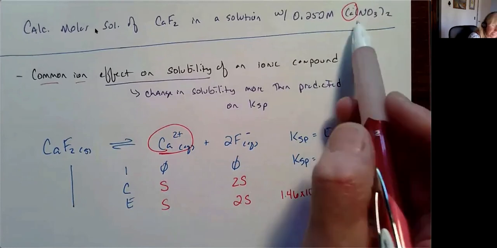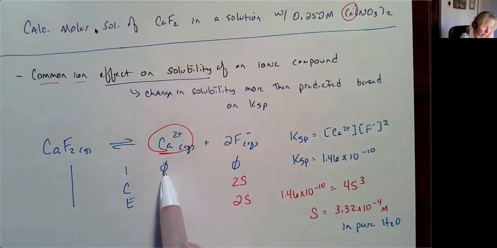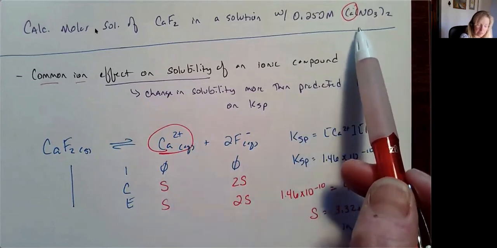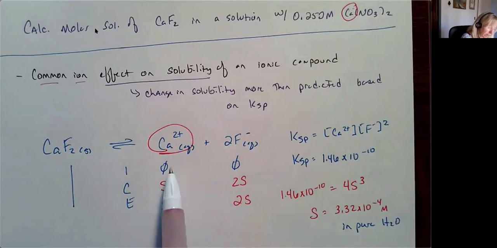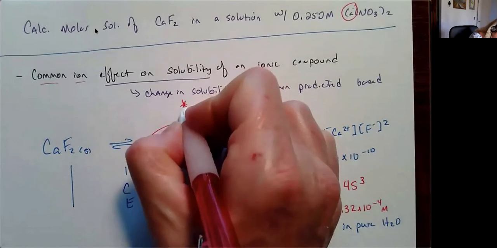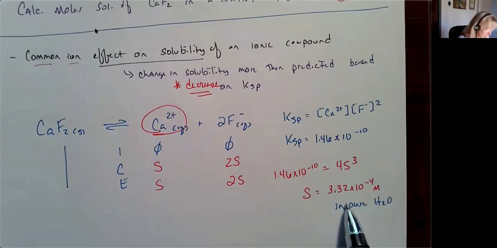The nitrate's not going to do anything, but for the calcium, now I can't start with 0 concentration because I have some calcium ions already in solution. And if I have calcium ions already in solution, that's going to decrease my solubility. So I'm going to see a decrease if I have a common ion effect. A decrease, so my molar solubility is going to be even smaller than this.